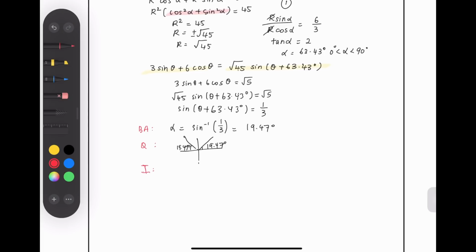The interval: the question asks theta is from 0 to 180, but we're working with theta plus 63.43. So we're going to change the interval a little bit. It's going to be 63.43 on the left and 243.43 on the right.